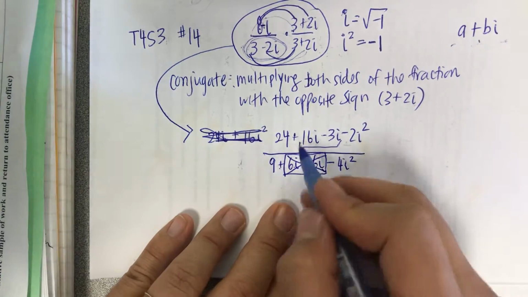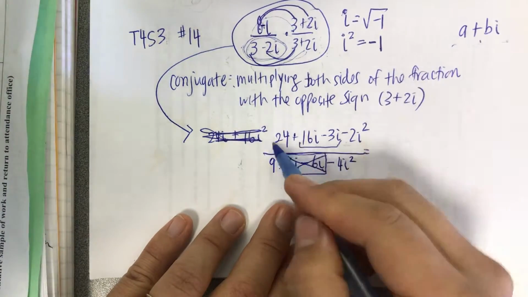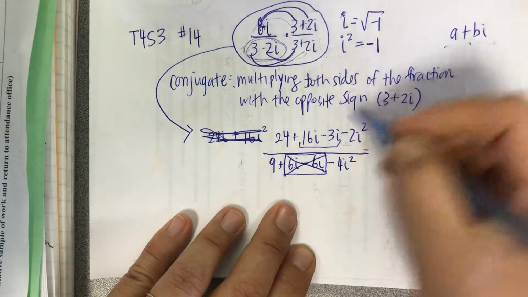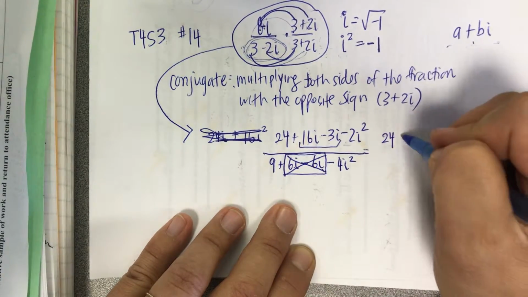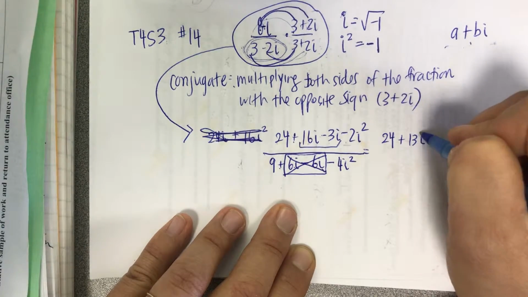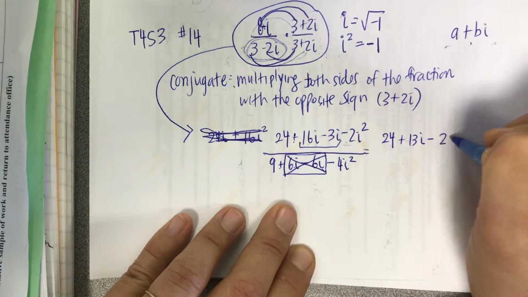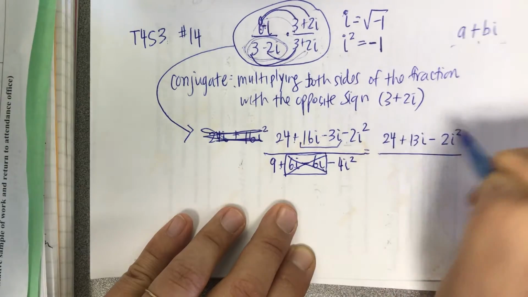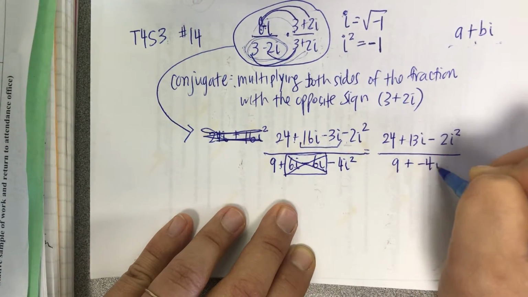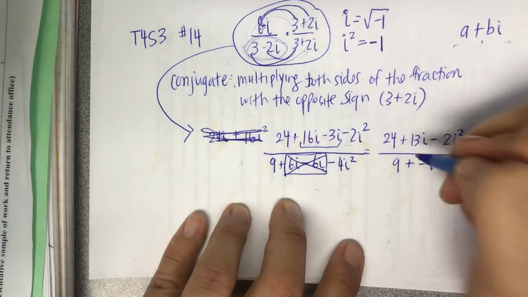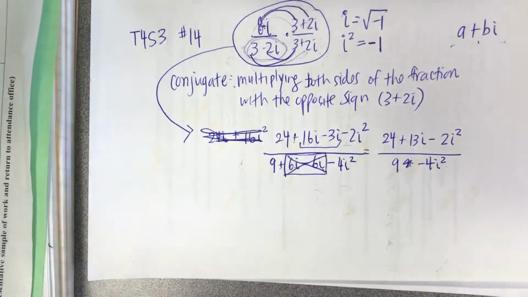Okay, so now we're left with, I'm going to simplify this to 24 plus, and then this is going to be 16i minus 3i, so it's going to be plus 13i minus 2i squared. And then right here we're going to have 9 plus negative 4i squared. Okay, or basically 9 minus 4i squared.